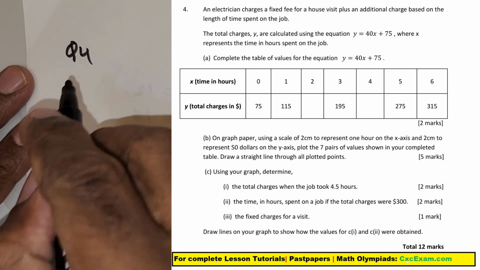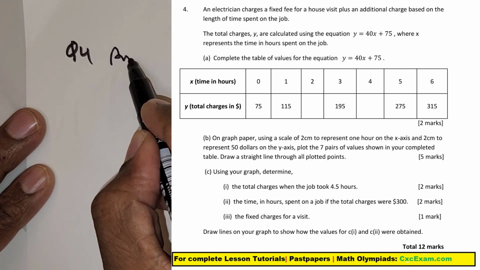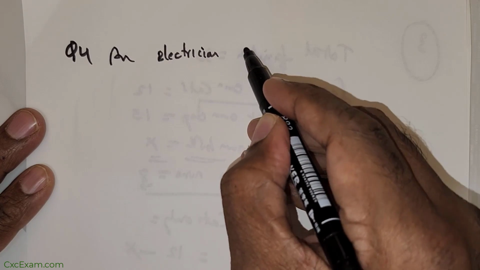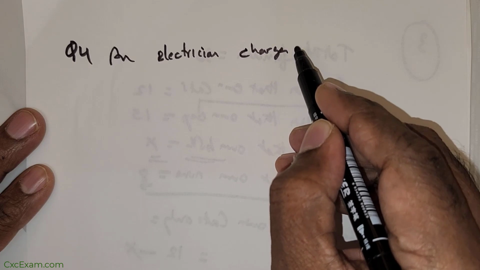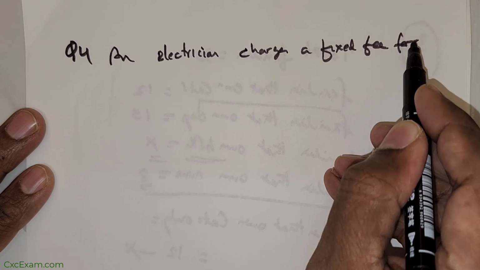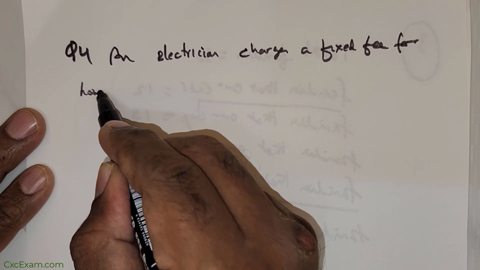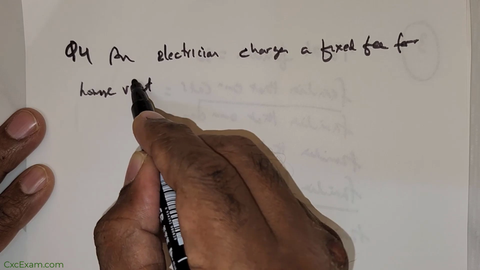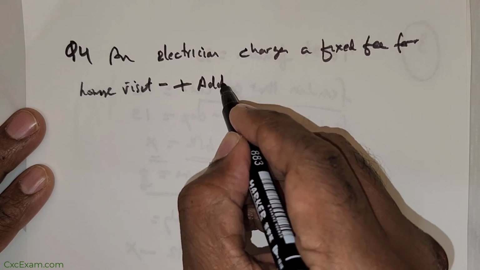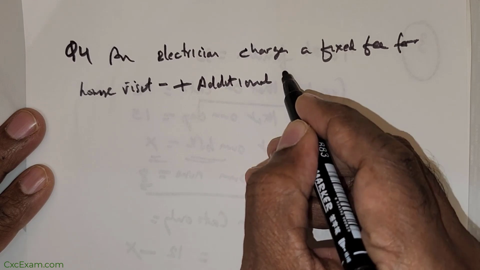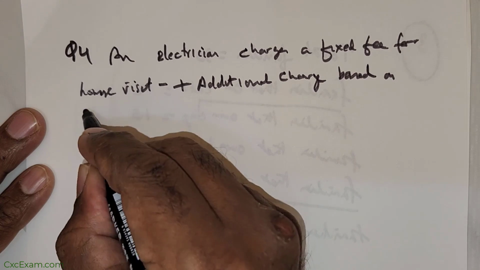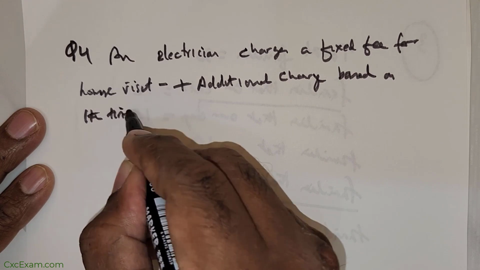Let's do question number 4. It says that an electrician charges a fixed fee for house visits plus an additional charge based on the time spent.